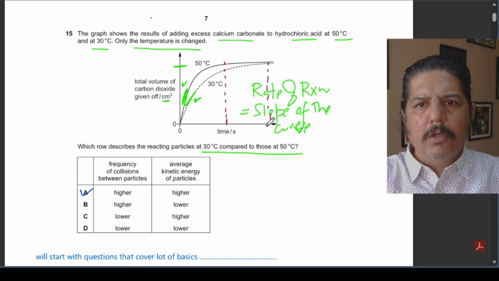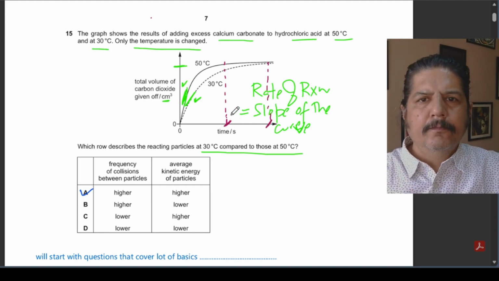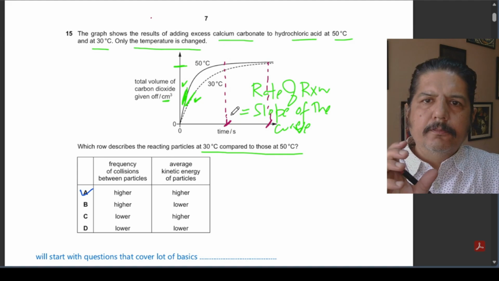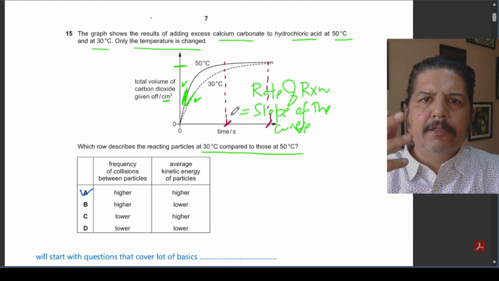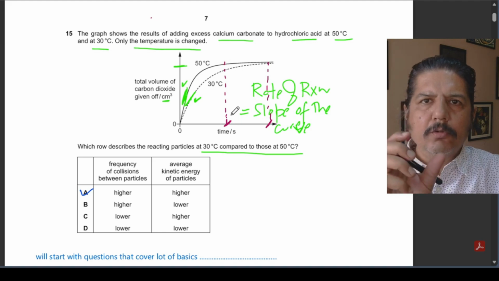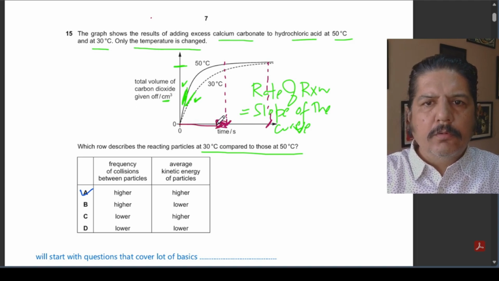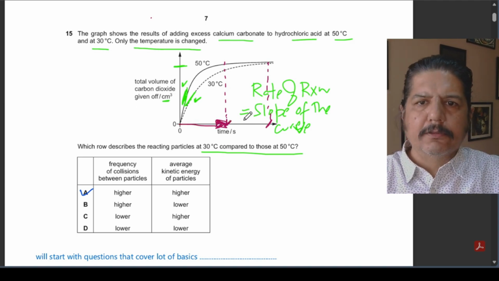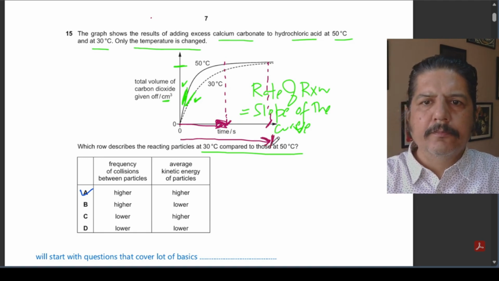So another way of looking at this is that when you increase the temperature, the time in which the reaction gets completed, the time to reach the conclusion, is faster. So here, the time to conclude the experiment is faster. At 30 degrees Celsius, it will take more time.